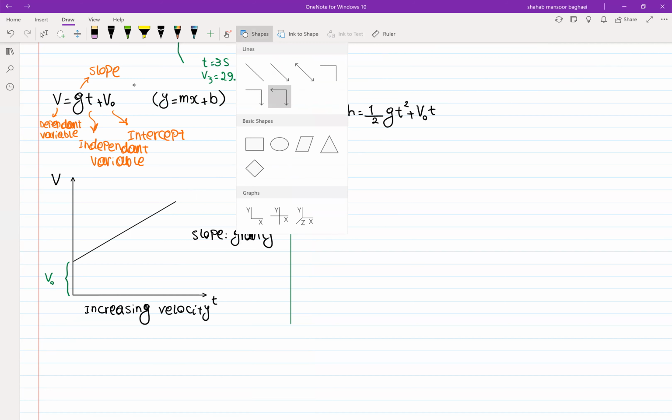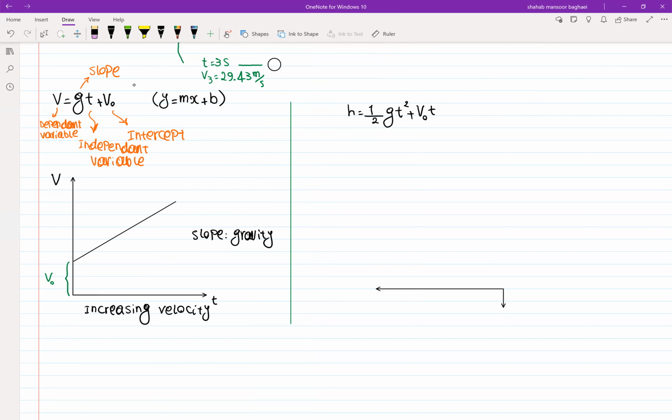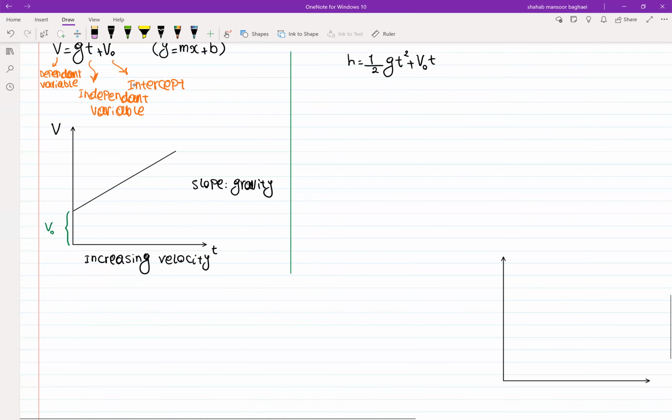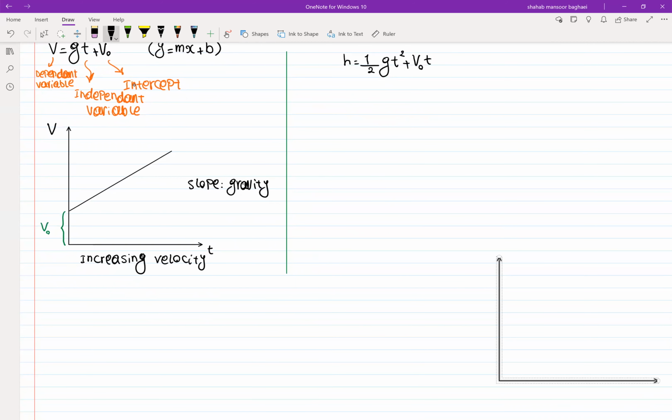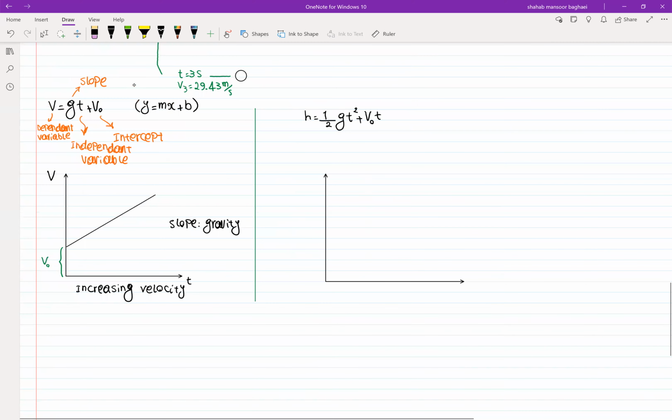Consequently, you can plot it. The horizontal axis is t.